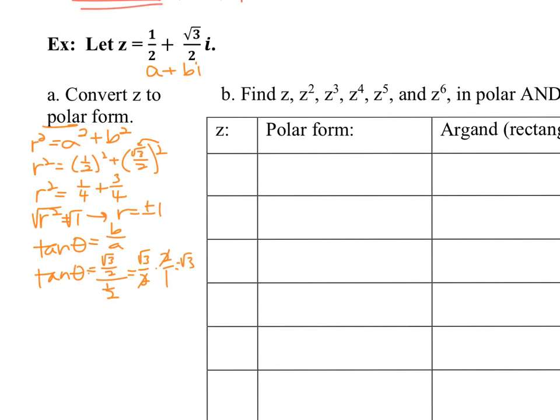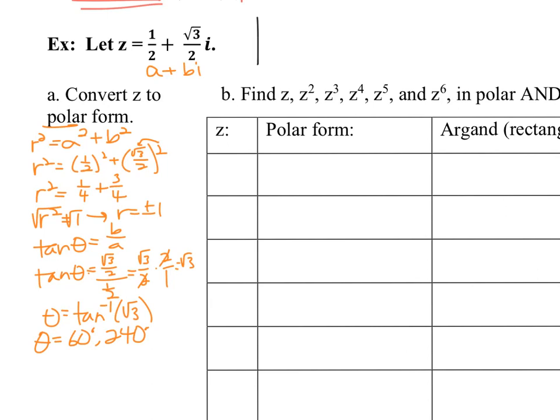Oh, so much to remember. Theta equals tan inverse of square root 3. On the unit circle, there are two locations where that's true. Tangent is positive in quadrant 1 and in quadrant 3. Our choices for theta then are 60 degrees or 240 degrees. We have to think about which one makes sense for our given z value, 1/2 plus square root 3 over 2i.